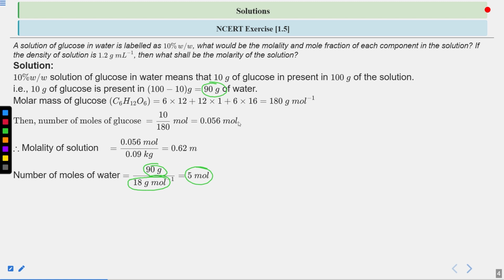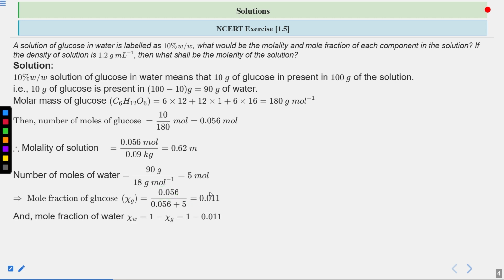So we have the number of moles of glucose and of water. Then we can easily calculate the mole fraction. It will be the moles of glucose divided by the total number of moles, which is 5 plus 0.056. If you calculate this, you will get 0.011 as the mole fraction of glucose.